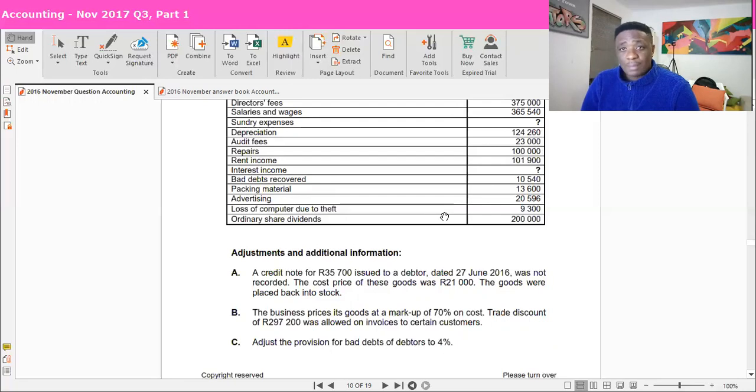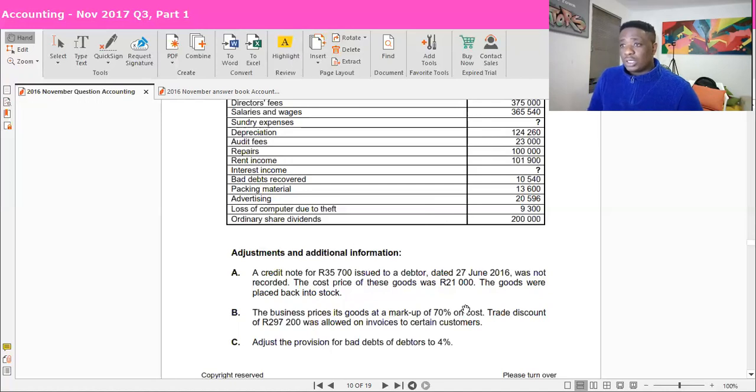So if I'm given that I sold something for 170, I can calculate back in order to get to the original amount that I initially had, that 100. But in this case, they've also introduced another element: the sales figure that we see obviously excludes discounts, and it could have been higher by 297,200 had we not given the discounts. So in other words, we didn't actually achieve the 70% markup.